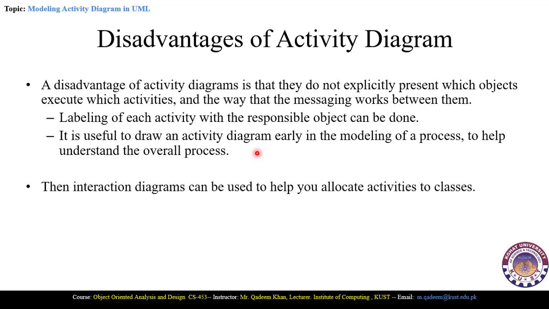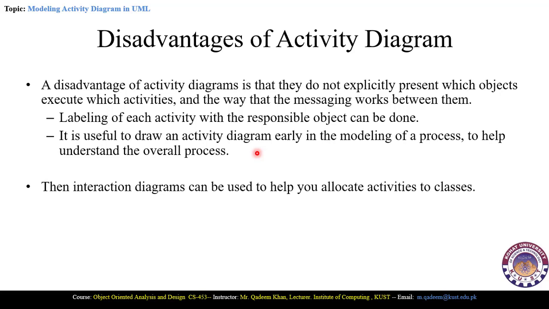The activity diagram at that stage of software development gives us only the idea about the process which will be used to develop the project, and it helps us understand the overall process of the project.